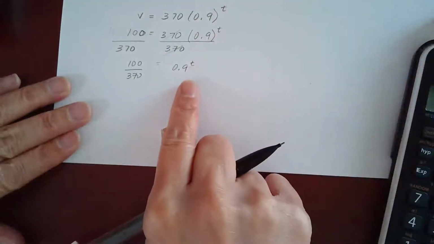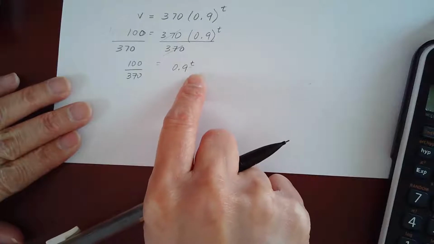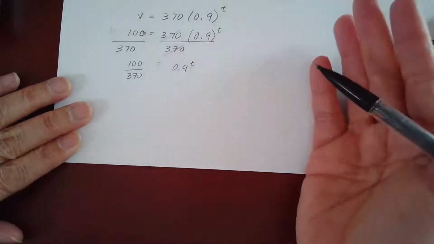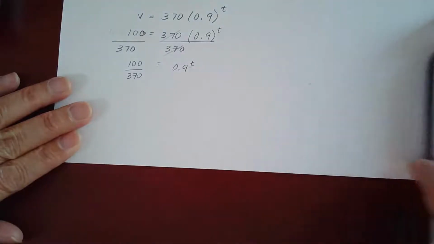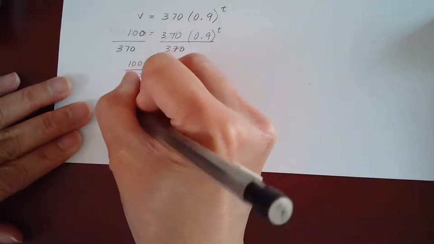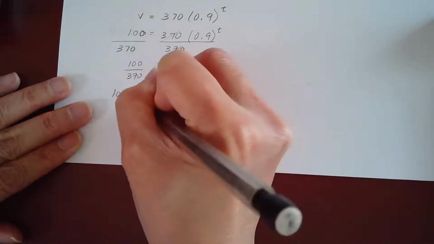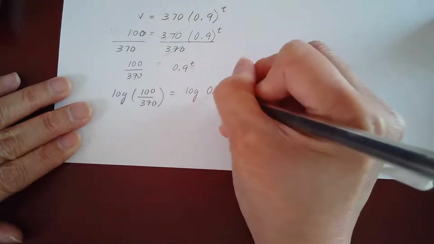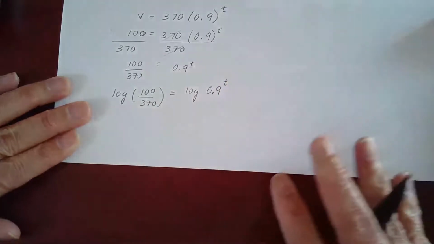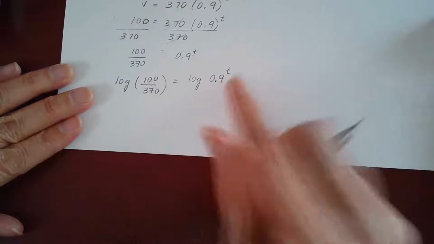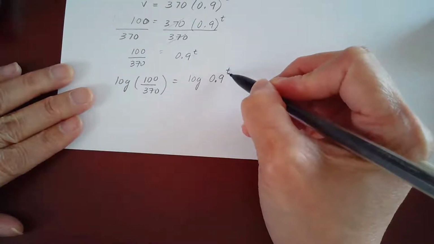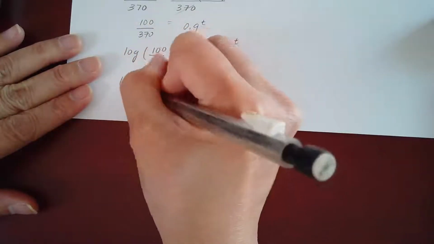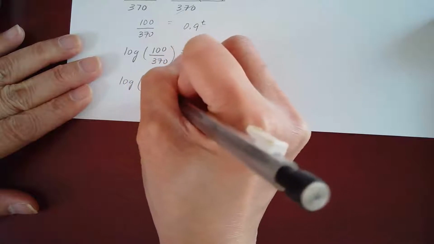So since what we're looking for is the time, and the time is in the exponent, now we have to do the logarithm, right? Because the logarithm solves for the exponents. So I'm going to take the logarithm of each side of the equation. Log of 0.9 to the t. And I'm going to use the logarithm rules. So I'm going to take this exponent t and bring it to the front. So this one still says log of 100 divided by 370.